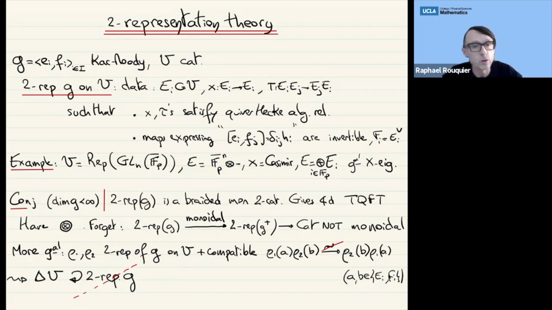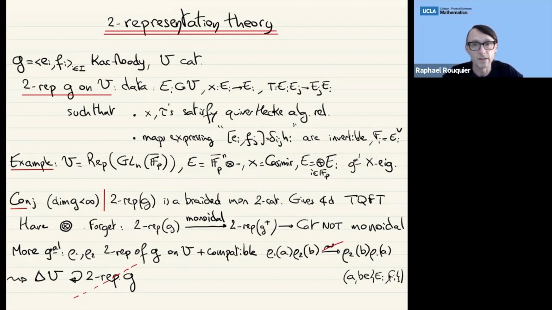So this tensor construction, or this more general diagonal construction, gives a way to construct new categories out of old categories. And so I'll give some examples, and I think there are a lot of interesting things that are probably obtained like that.